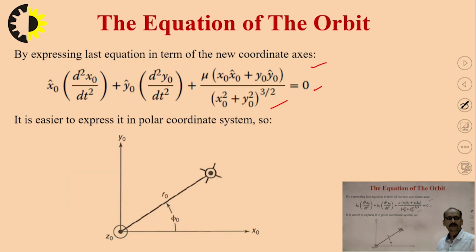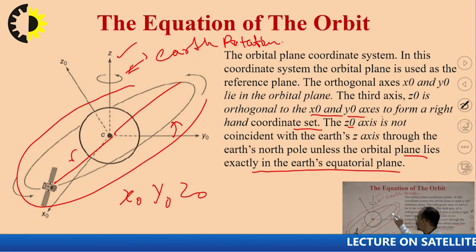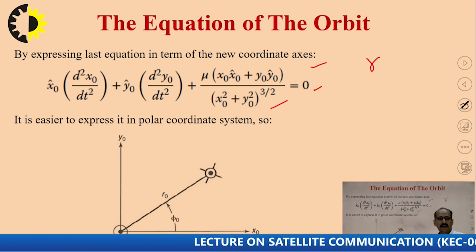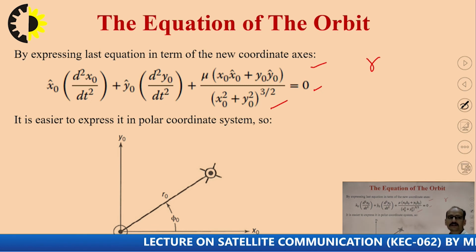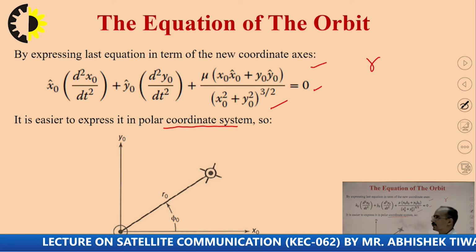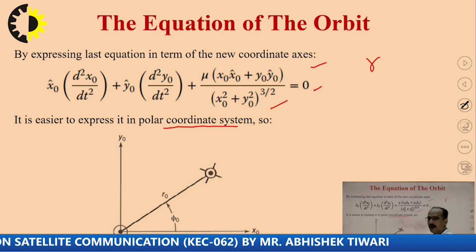Every time you have this r parameter and the angle, you can easily express the location of the satellite using the polar coordinate system. So in the polar coordinate system, you have an angle phi naught and r naught.